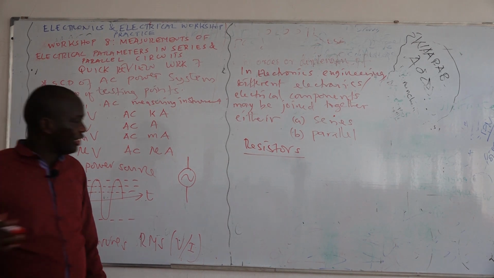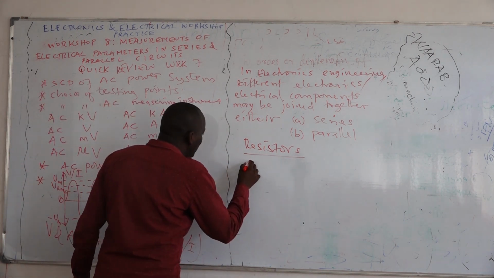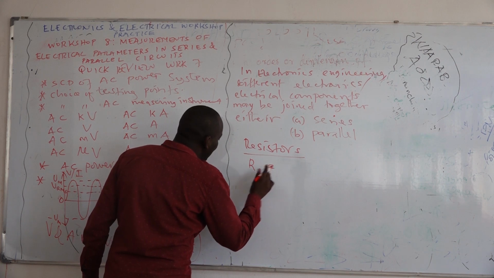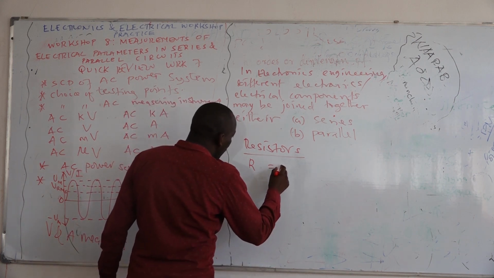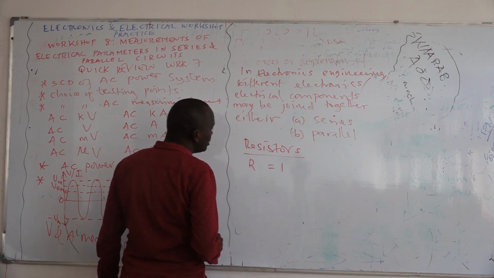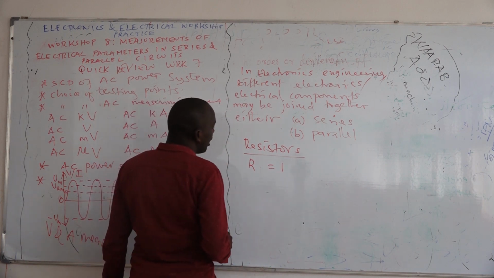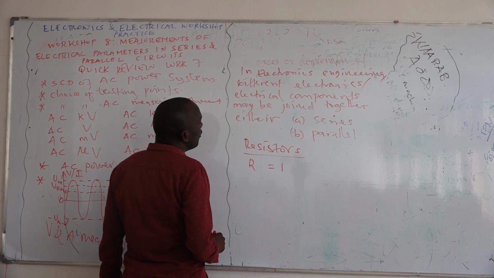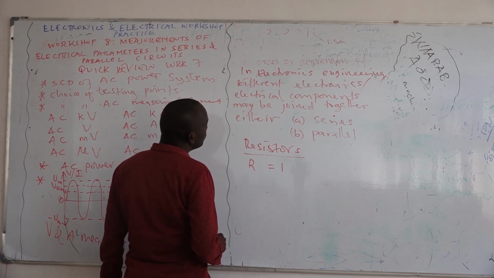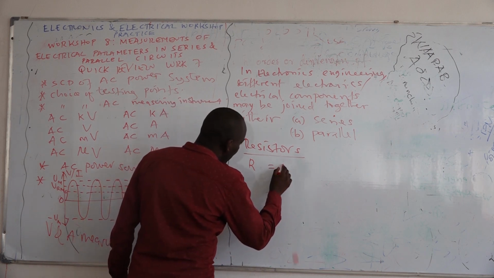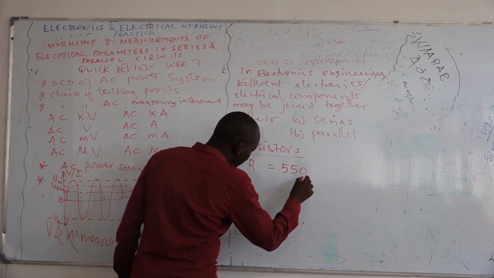For instance, in your calculation, you say that you need a resistor whose resistance is 550 ohm.